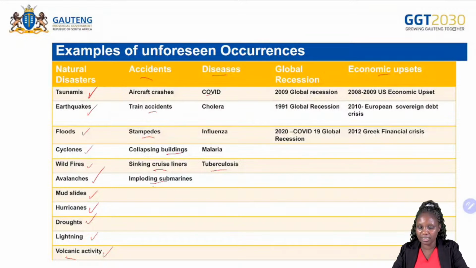There was global recession, and then 1991, there was also a global recession, and then 2020, COVID-19 global recession. All right. And then when we're talking about global recession, do you understand what we're talking about? Because let's look at 2020 COVID-19 global recession. A lot of people lost their jobs. A lot of companies closed.